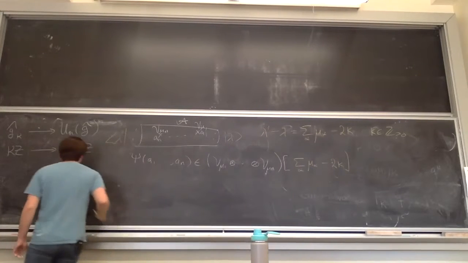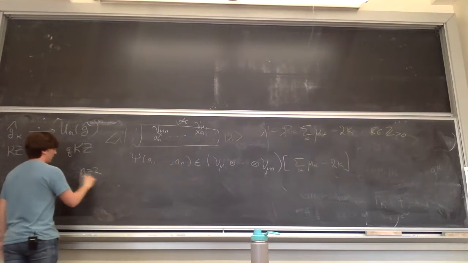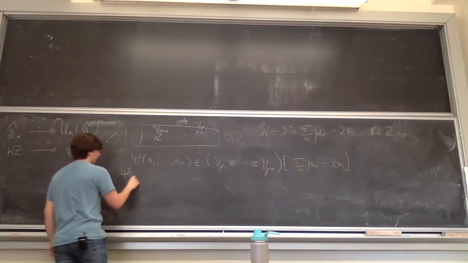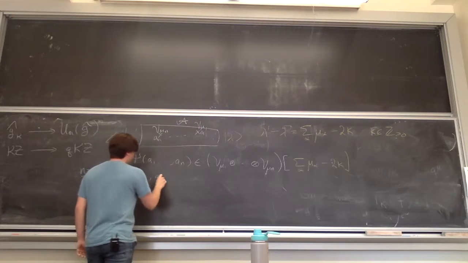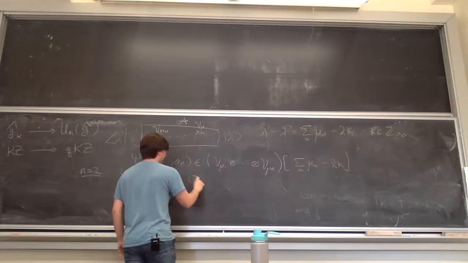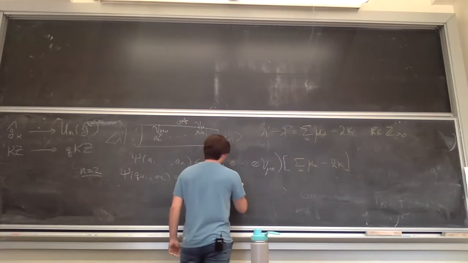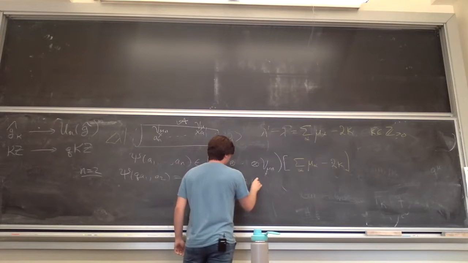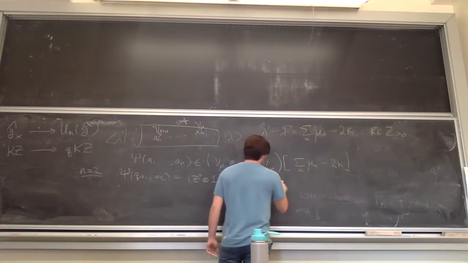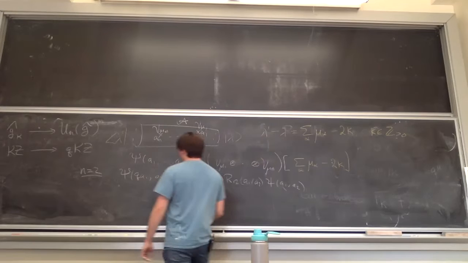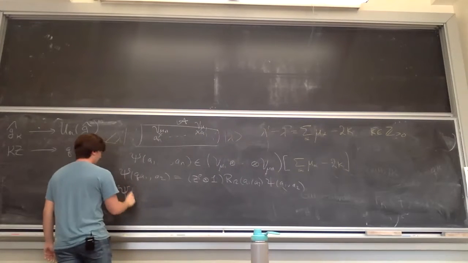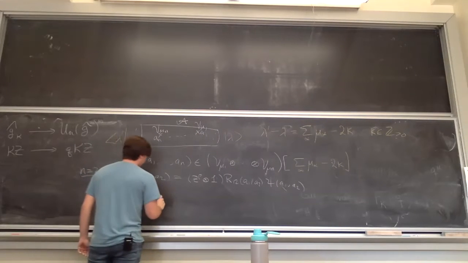And so, for example, for n equals 2, what QKZ looks like is if you have psi of QA1, A2, you should get something like z to the rho, and so R1,2, A1 over A2, and psi of A1, QA2.